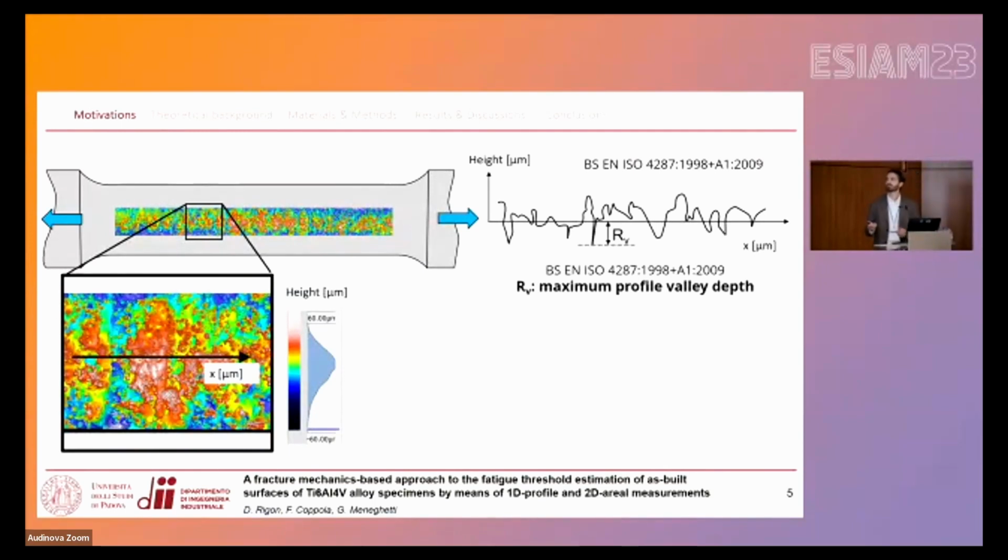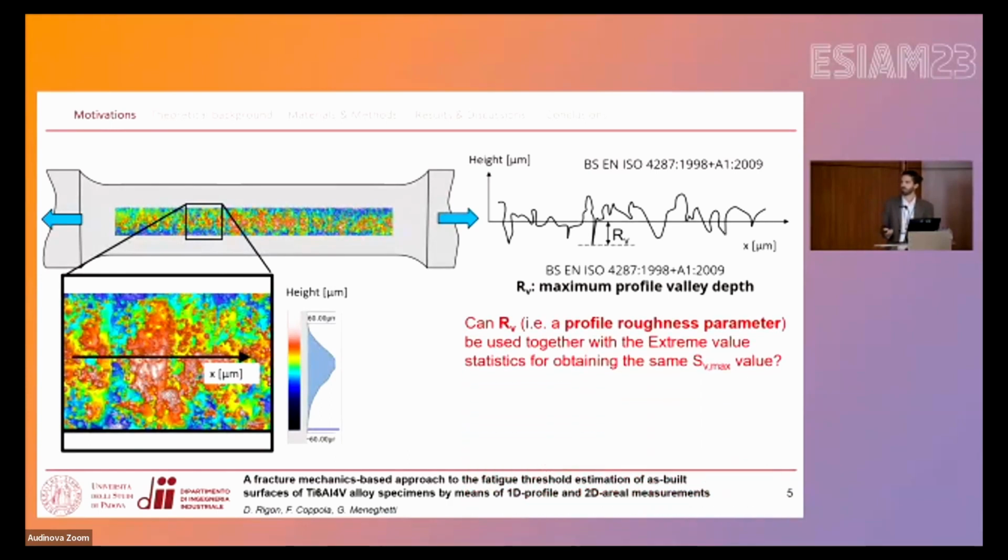The profile measurements extract information, maybe represented by the Rv parameter, which has a definition equivalent to the areal parameter Sv, but in a profile, and we cannot extract this information to estimate what could be the maximum pit depth within the gauge part of our specimen.